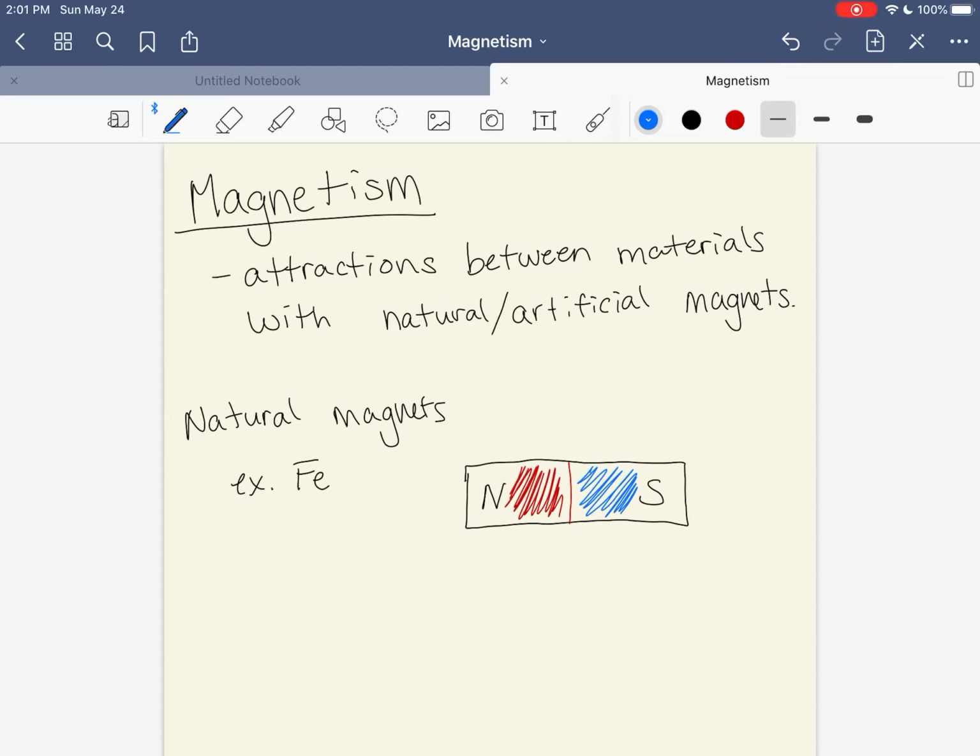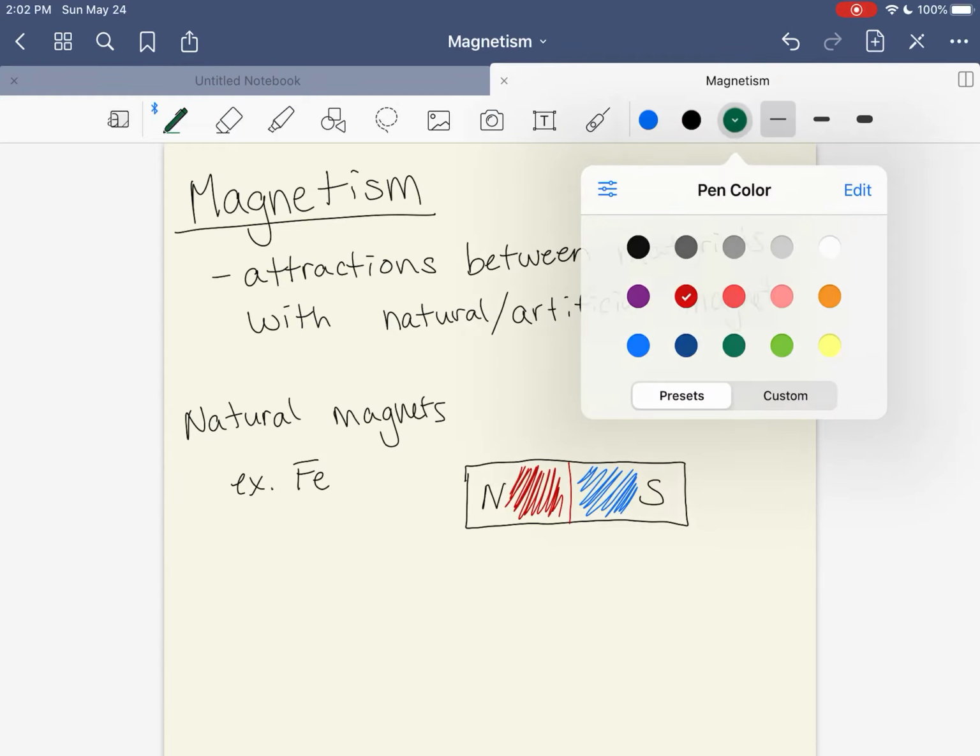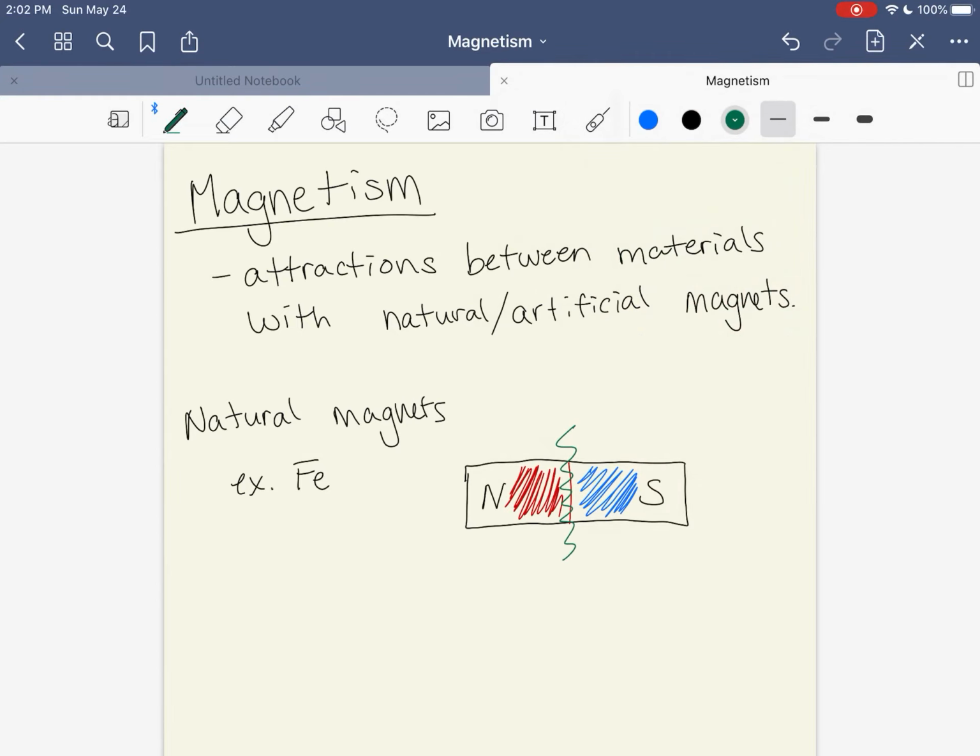Every magnet has these two poles: one is the north pole and one is the south pole. Even if you were to cut the magnet in half, we would not make a magnet that is only a north pole and only a south pole.